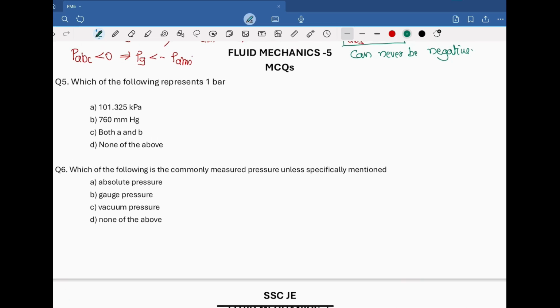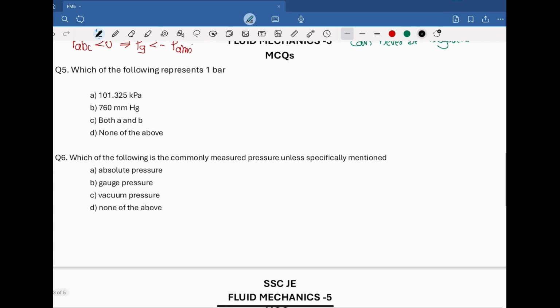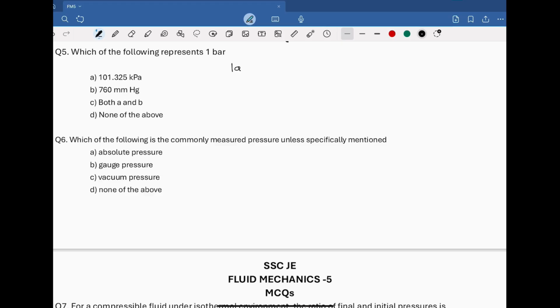Which of the following represents one bar? Clearly, I have distinguished between 1 bar and 1 atmosphere. What is 1 atmosphere? From the definitions which I have given in my previous lectures, 1 atmospheric pressure is equal to 101.325 kPa, that is equal to 760 mmHg. 1 bar is equal to 10 to the power of 5 pascals, that is equal to 100 kPa.